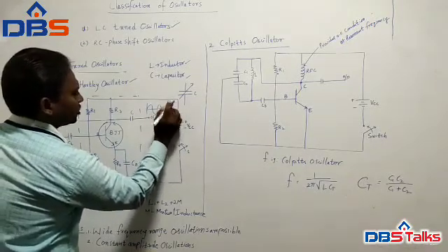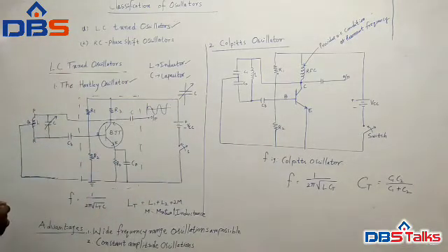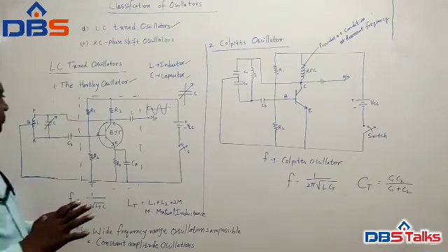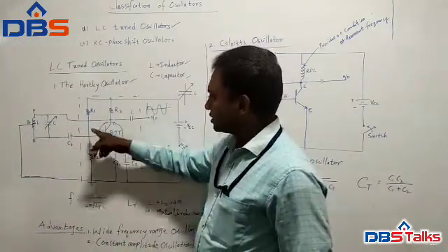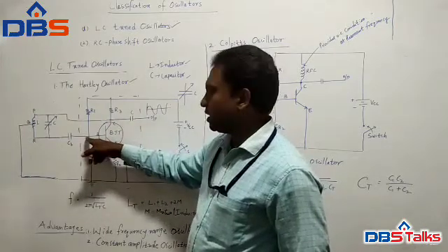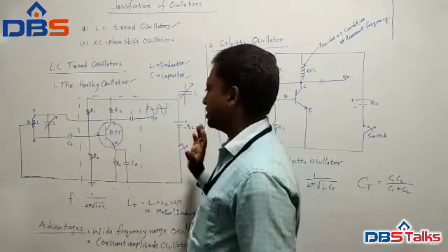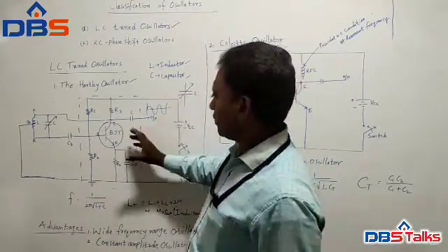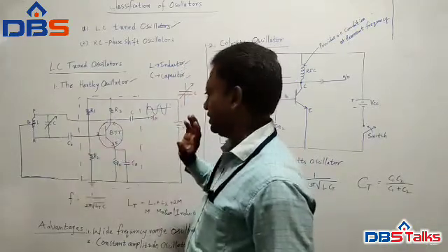These are the oscillations you get at the output of the oscillator. Now this is the construction, right? We take a CE amplifier. We are applying input at the base and taking output across the collector. What is the common terminal? Emitter. That is why it is called a CE amplifier.